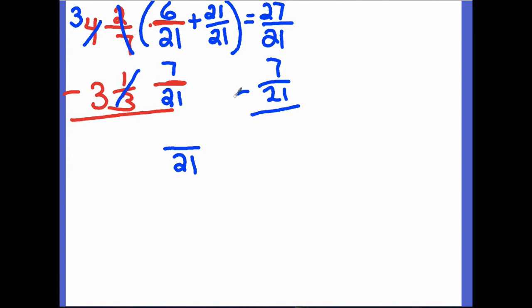Now can I subtract that? Jessica, what's the answer? 27 minus 7 is? Okay, look at both those numbers. 2 goes into 20, but it doesn't go into 21, does it?